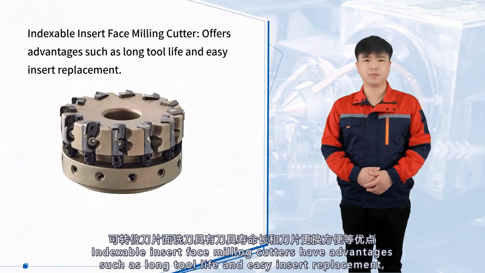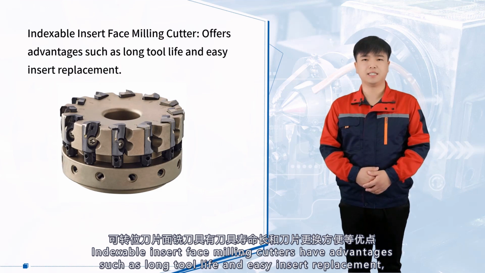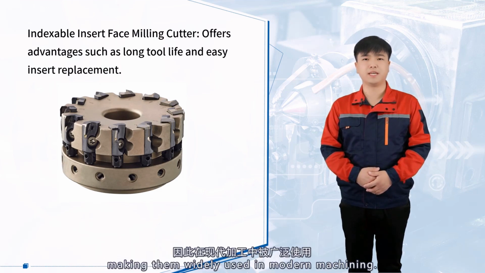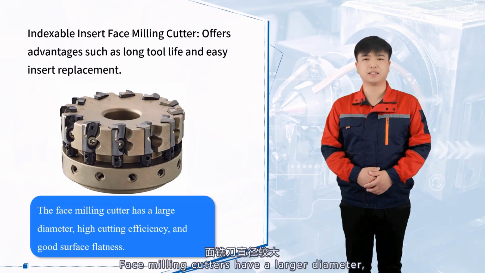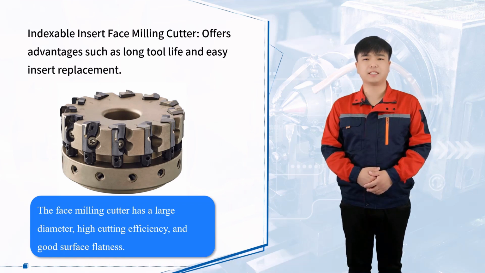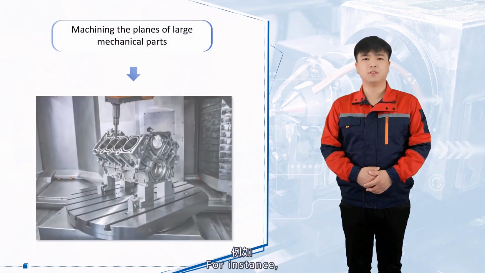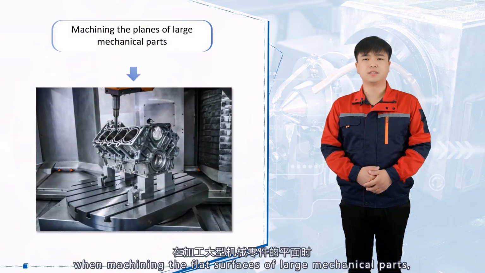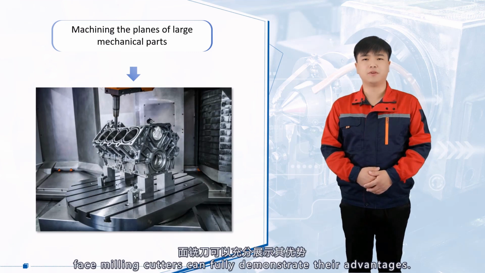Indexable insert face milling cutters have advantages such as long tool life and easy insert replacement, making them widely used in modern machining. Face milling cutters have a larger diameter, which results in high cutting efficiency and good surface flatness. For instance, when machining the flat surfaces of large mechanical parts, face milling cutters can fully demonstrate their advantages.